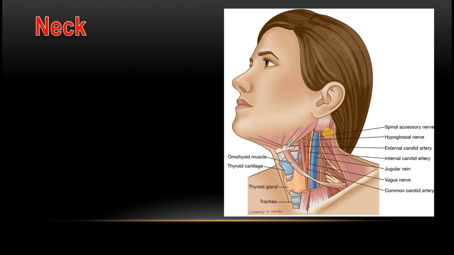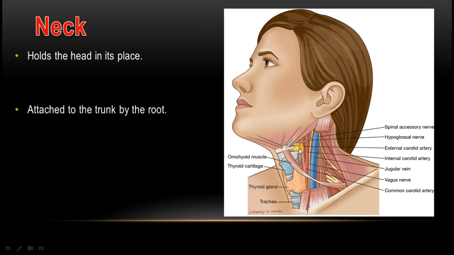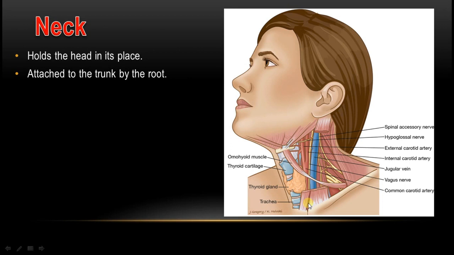Now let us try to understand certain basic features of the neck. It helps to hold the head in its place. Mainly it is involved in weight bearing and is attached to the trunk by the root. This is actually called the root of the neck. The commencement of the neck is called the root of the neck.